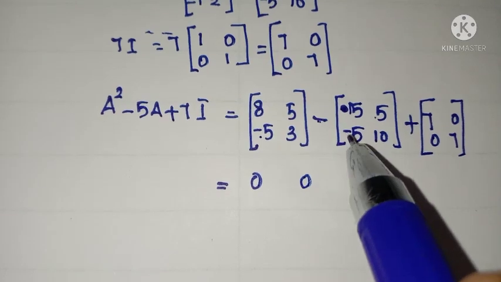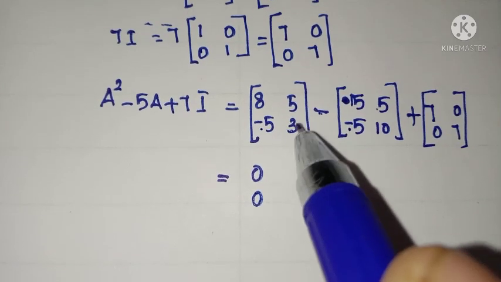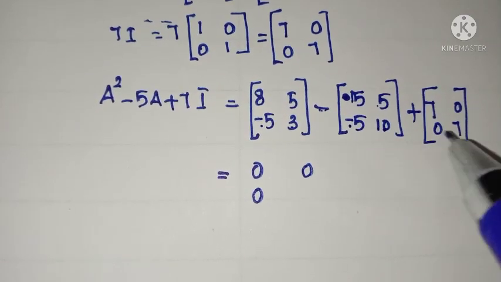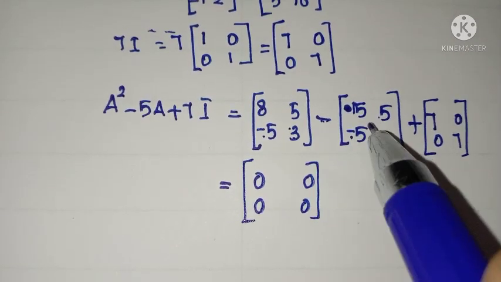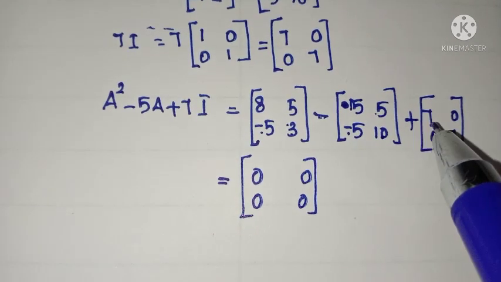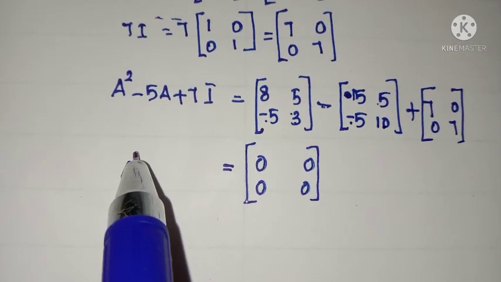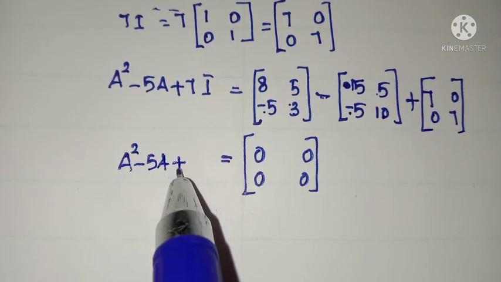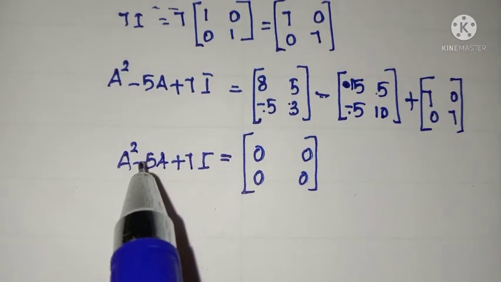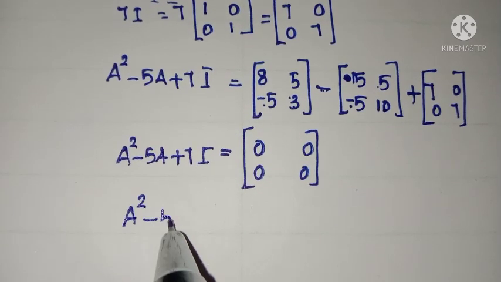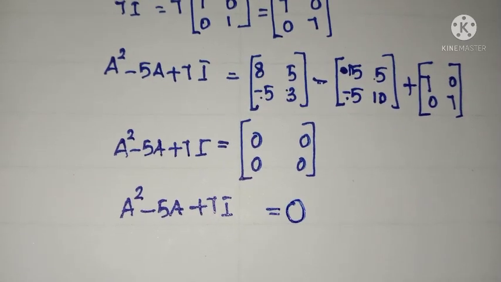Minus 5 minus 5, 0, 0 plus 0, 0. 3 minus 10, minus 7 plus 7, 0. Listen, here we subtract these two matrices and then add with the matrix 7, 0, 0, 7. Anyway, A square minus 5A plus 7I gives the matrix 0, 0, 0, 0, or the matrix equation A square minus 5A plus 7I is equal to 0.